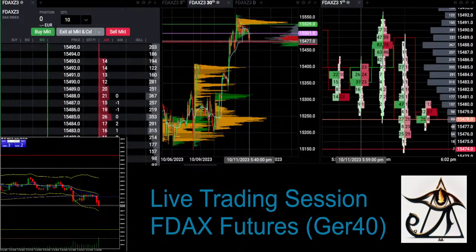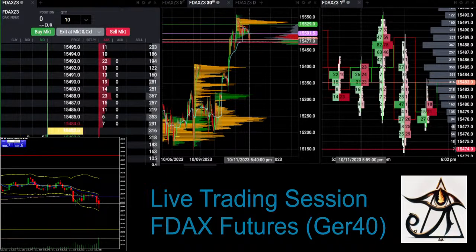I'm not convinced either direction just yet. The footprint does look good for a buy, but there could be further downside yet.